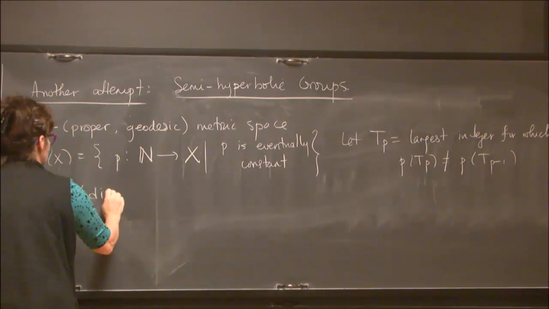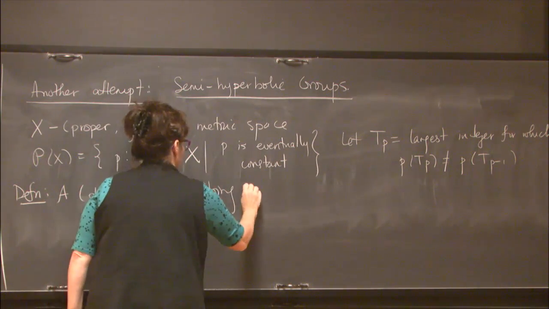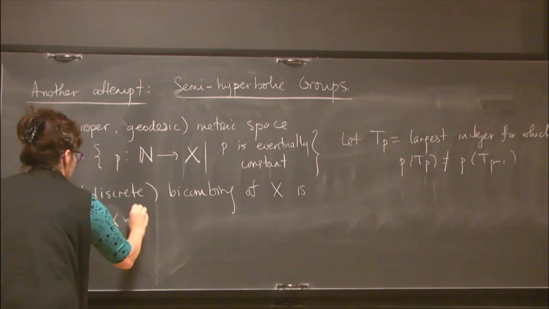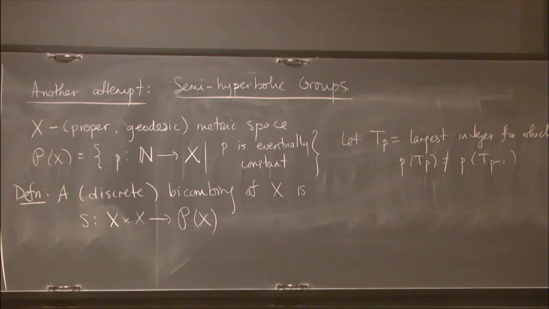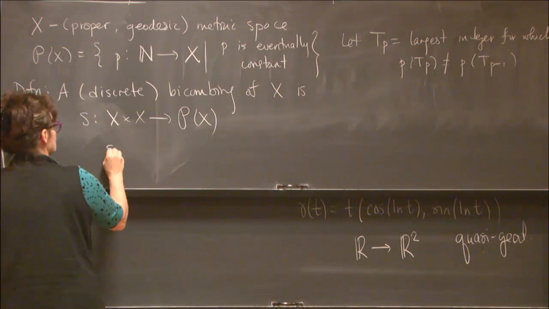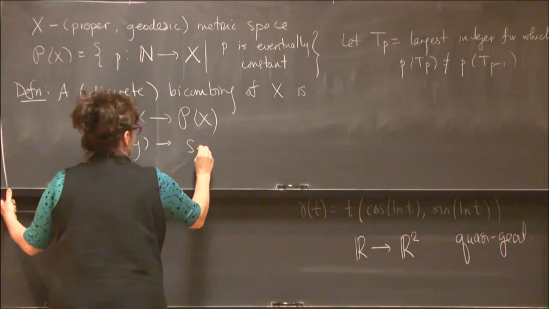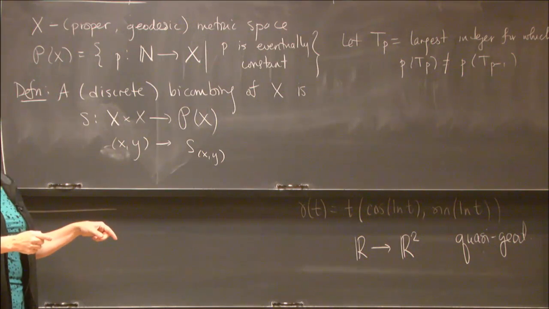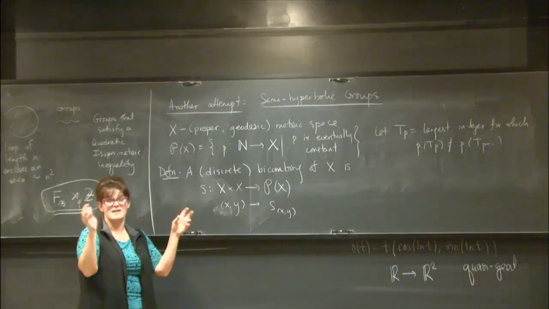A discrete bicombing of X is simply a choice. So it's a map like this that sends each pair to, and I'm going to denote it like this, S of the pair, just a discrete path between X and Y. It's not really a path, it's just a discrete set of points between X and Y. Between doesn't really even make sense.